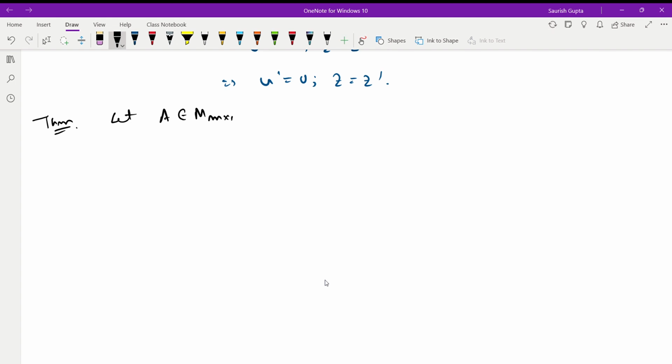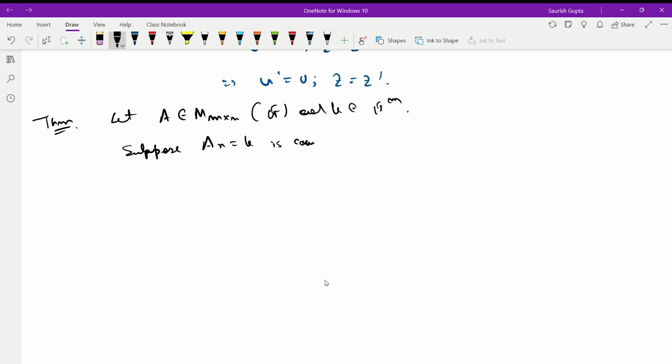Okay. Now let's come to the theorem which I want to talk about. Theorem. Let A be an m cross n matrix coming from any field F. Obviously, when we are talking about inner product spaces, the field is real or complex. And let B be a column vector in F^m.